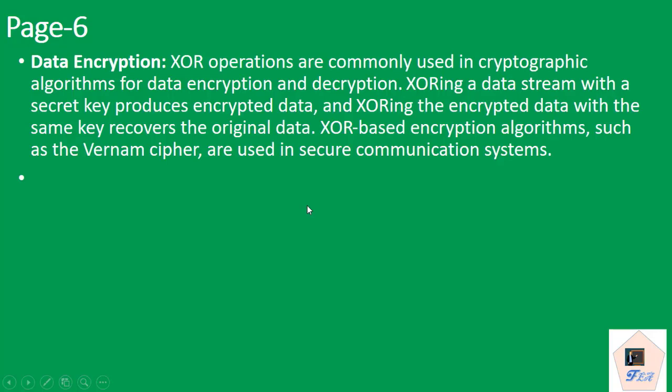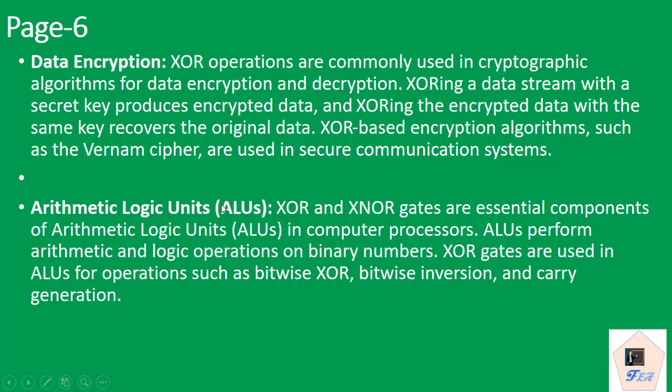Then for data encryption: today's world is a data driven world, in the world of IoT, Internet of Things, we need secure communication. So for secure communication, for data encryption purposes, the XOR operation is used.